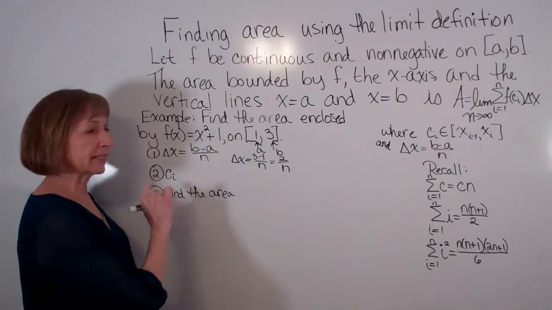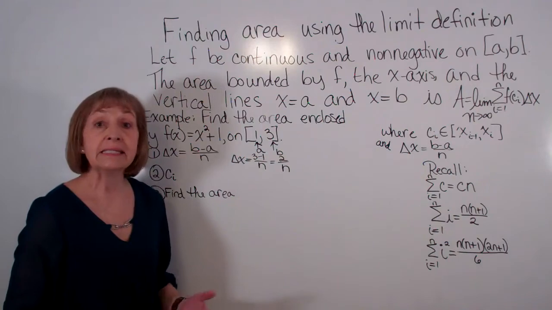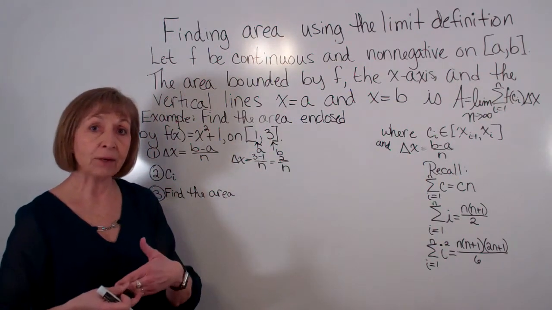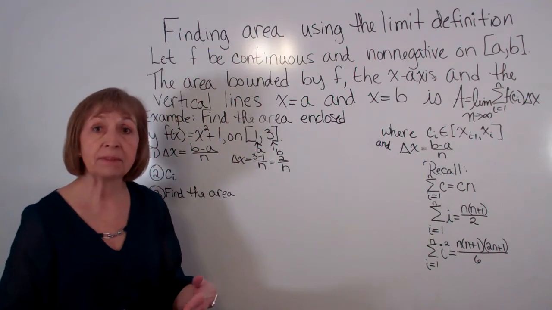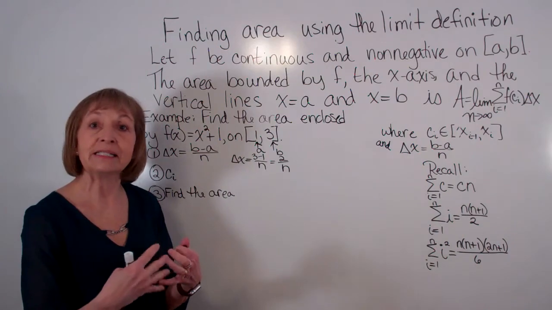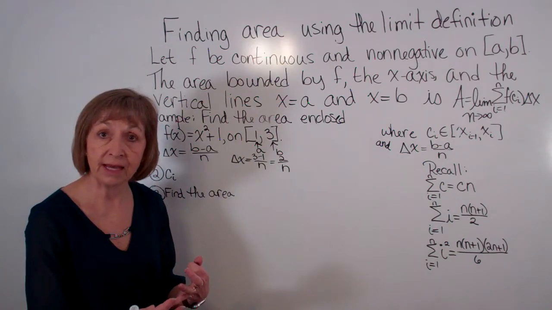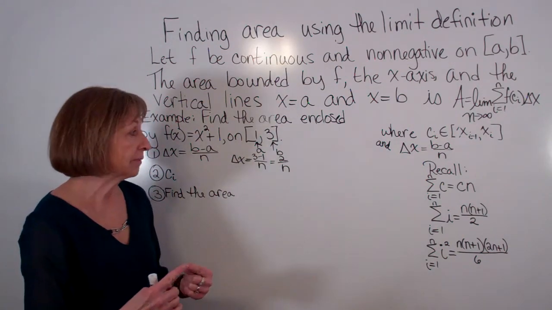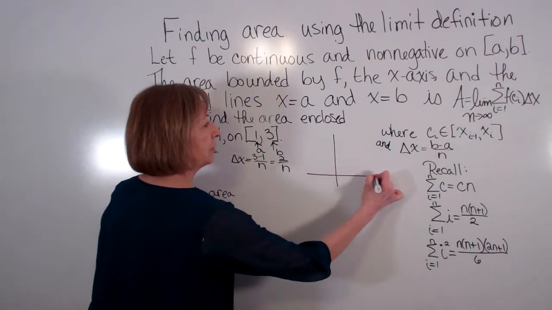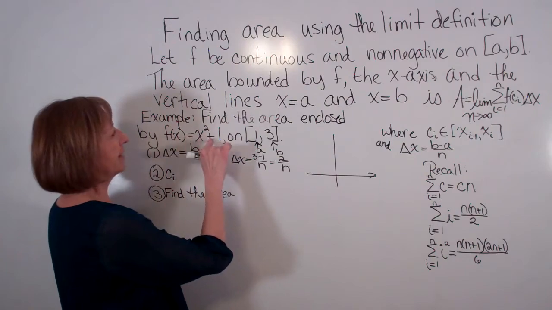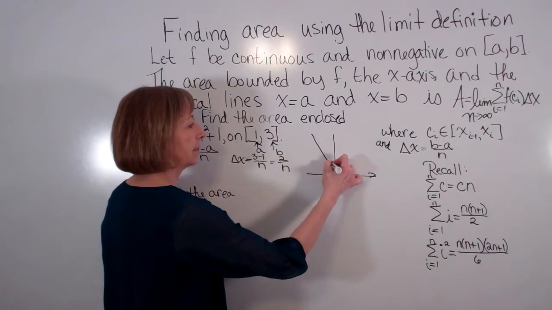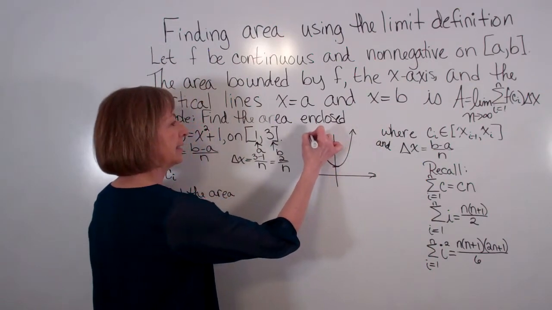Now, what about our c sub i? Well, c sub i could be any x value in the subinterval, and I always like to use the right endpoint because it makes it easier for me to handle the notation. Let's just draw a little sketch of our situation here. f of x is x squared plus 1, so we get our parabola like this.